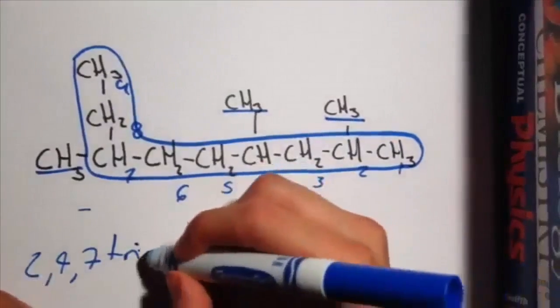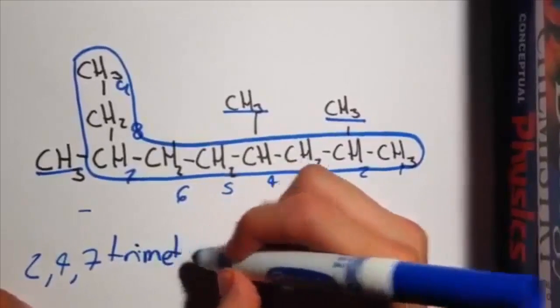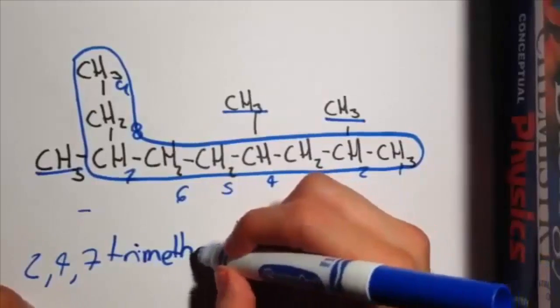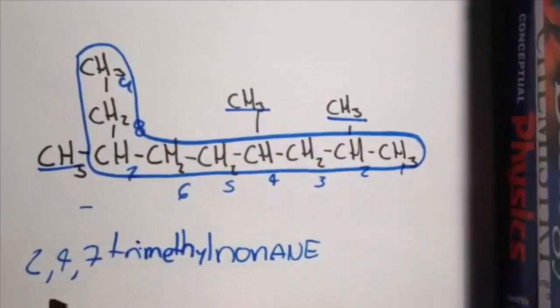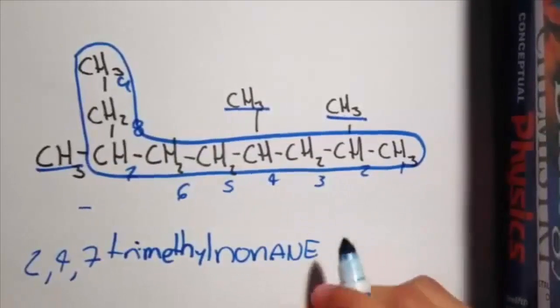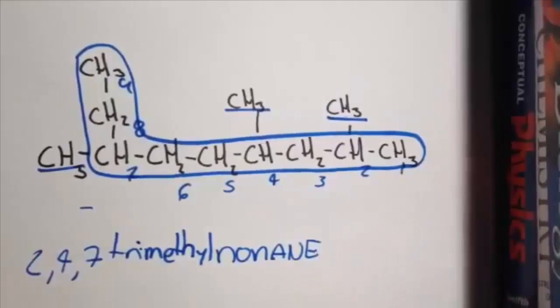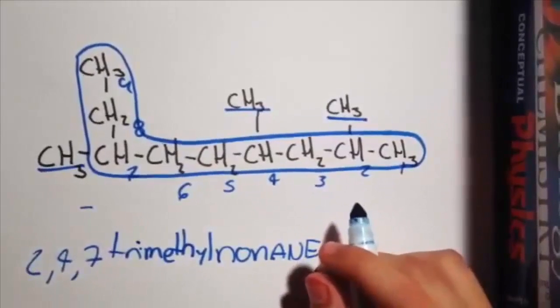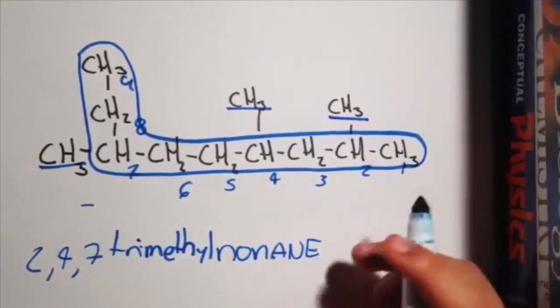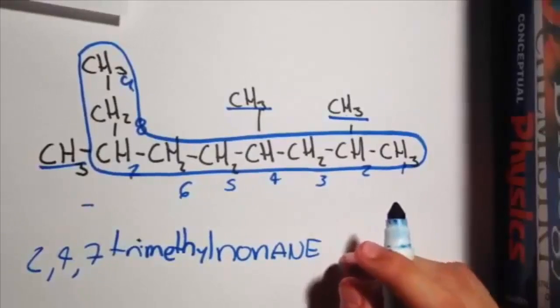So it's 2, 4, 7-trimethylnonane, and this is how you can name an alkane by the IUPAC system.